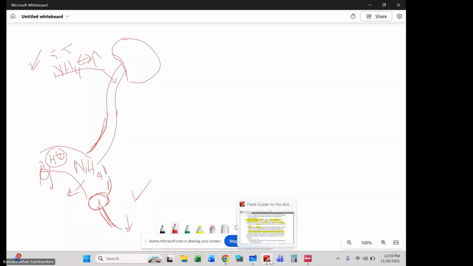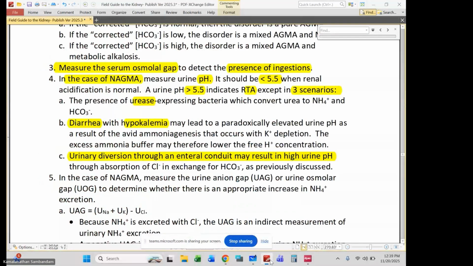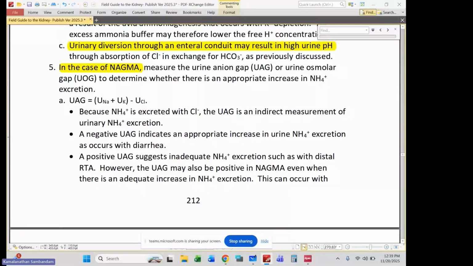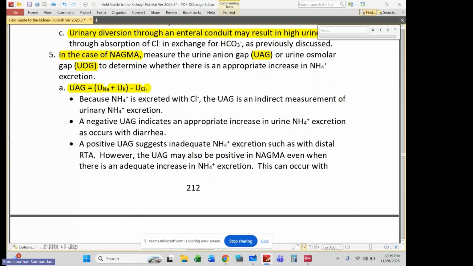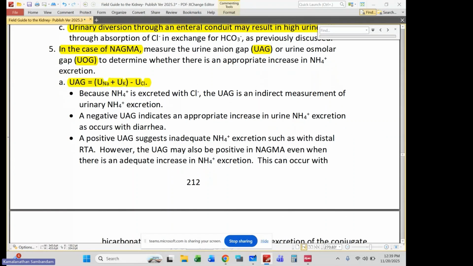All right, moving on. In the case of non-anion gap metabolic acidoses, you can measure the urine anion gap and the urine osmolar gap. Here I've given you the definitions of urine anion gap as well as the caveats.